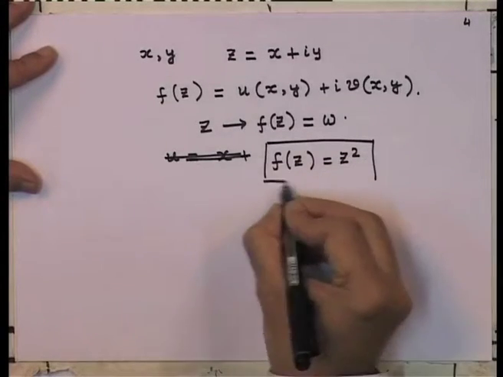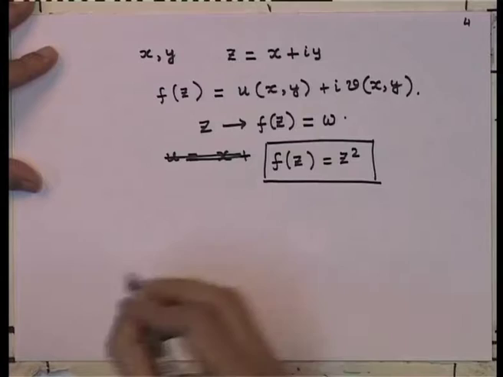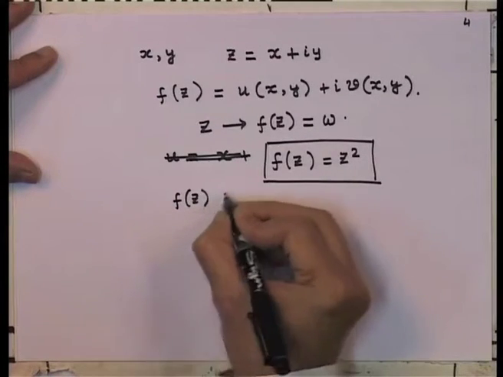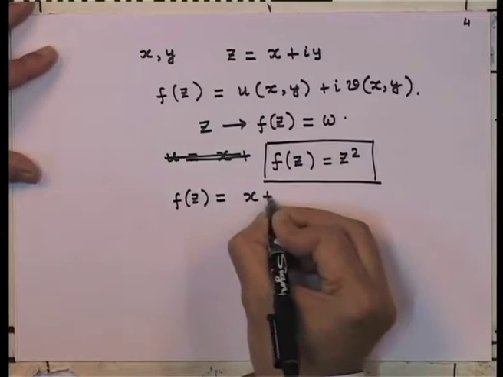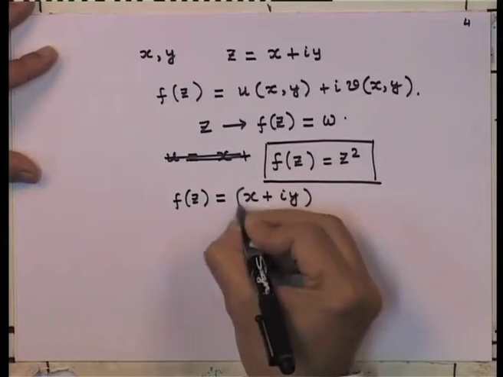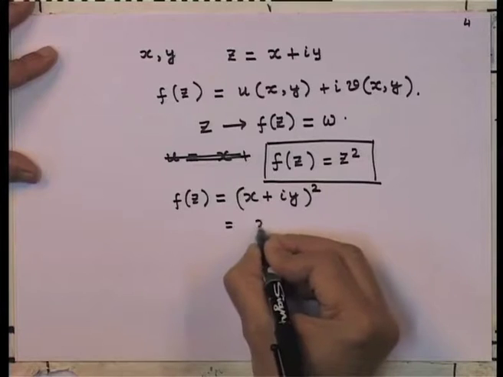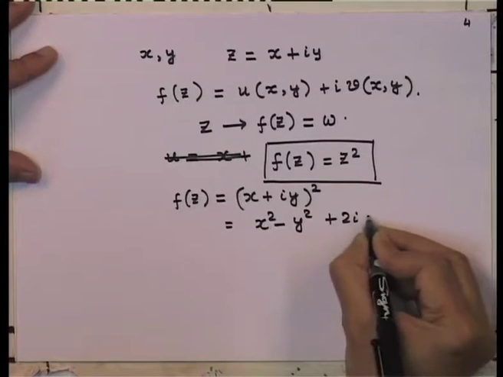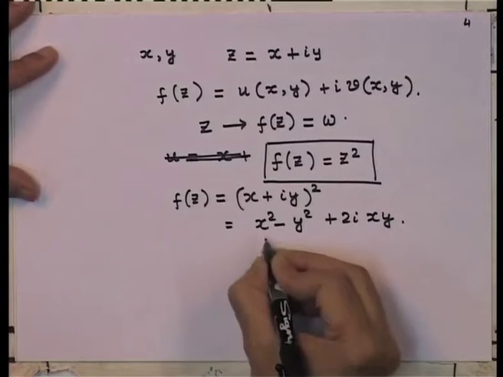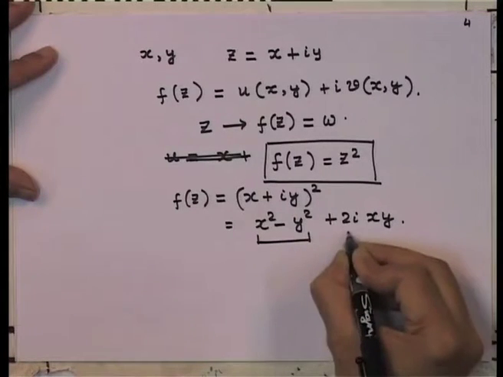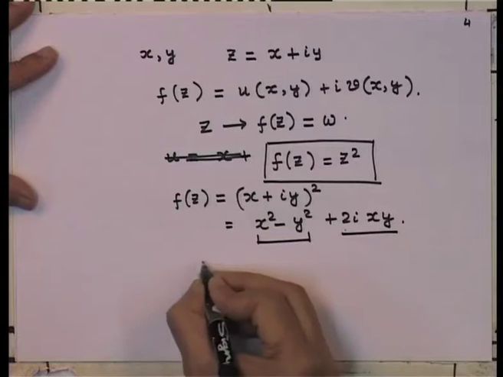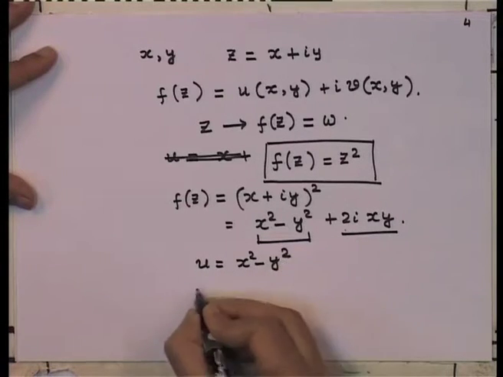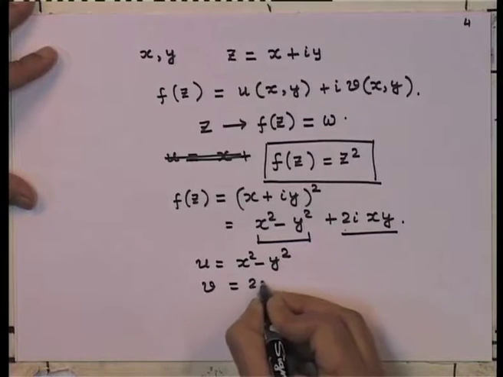Now, if f z is equal to z square, then I can write f of z as equal to x plus I y, squared, which is equal to x square minus y square plus 2 I times x y. Now, this is clearly the real part and this is the imaginary part. So, I get u equal to x square minus y square and v equal to 2 x y.